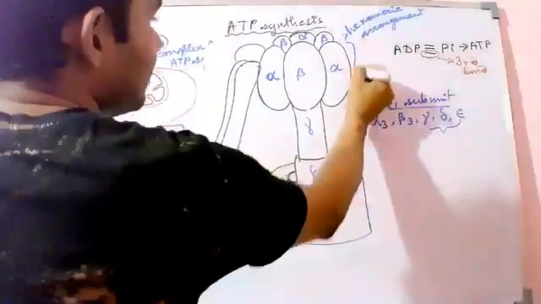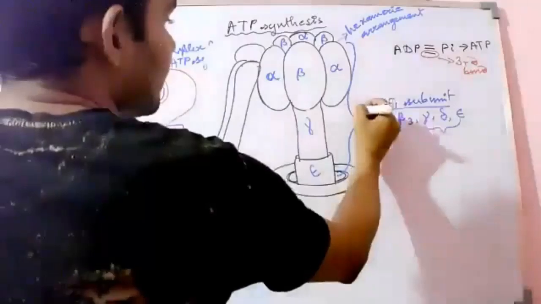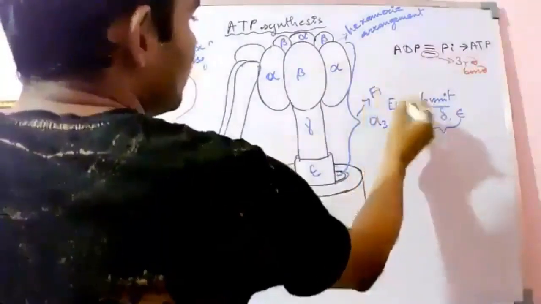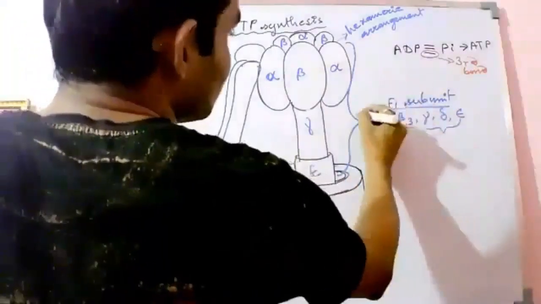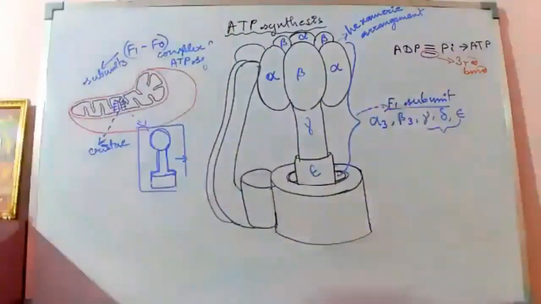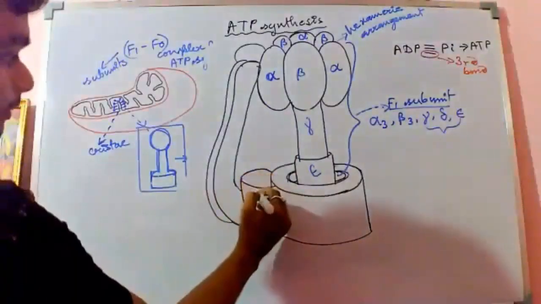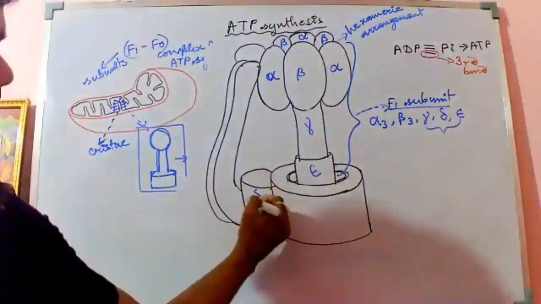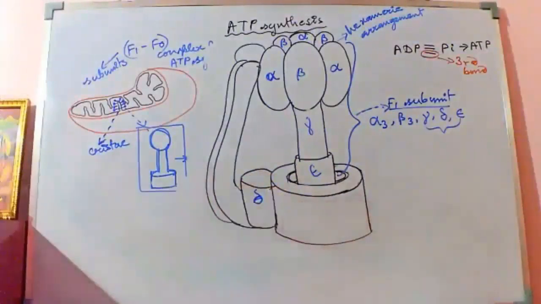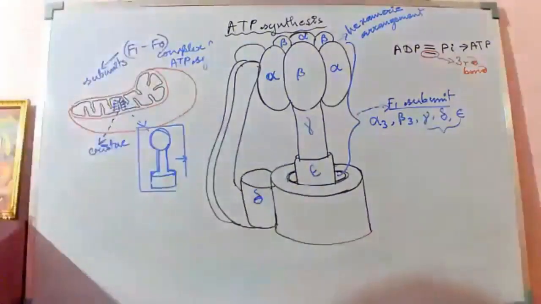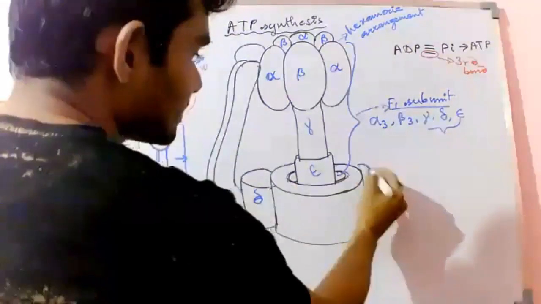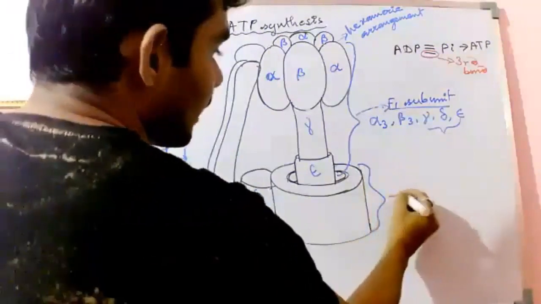And the delta subunit is present here. This one is the delta subunit. Now this is the F naught subunit. This part is the F naught.